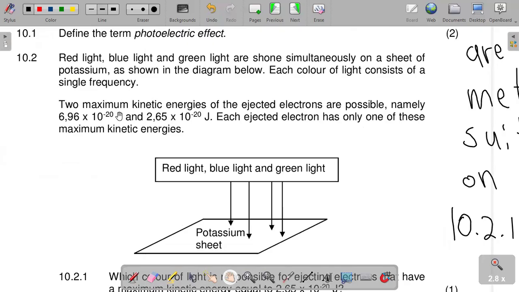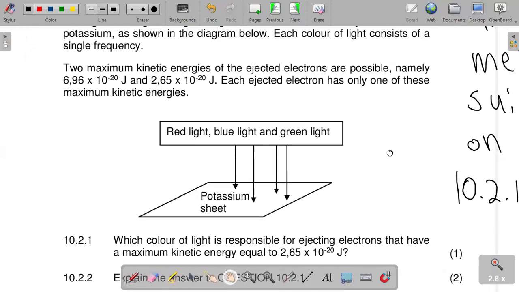Two maximum kinetic energies of the ejected electrons are possible, namely 6.96 multiplied by 10 negative 20 and 2.65 multiplied by 10 negative 20. Each ejected electron has only one of these maximum kinetic energies.